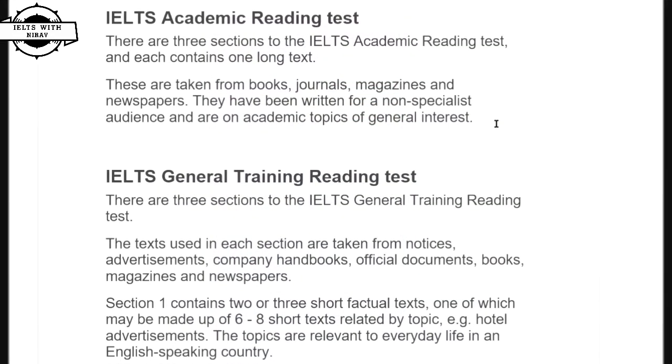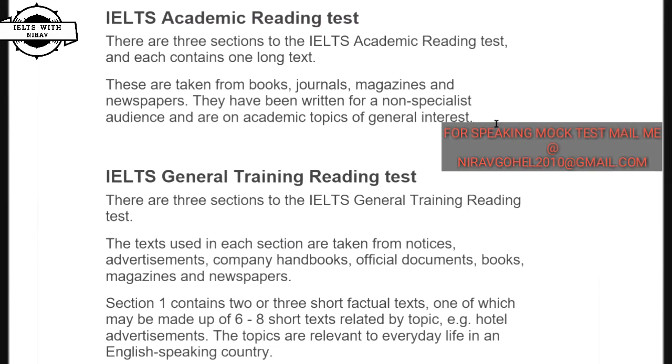So let's start with the IELTS Academic Reading Test and the IELTS General Reading Test. There are three sections, and this remains the same in academic as well as in general. There will be three sections in the academic examination and three sections in the general examination.